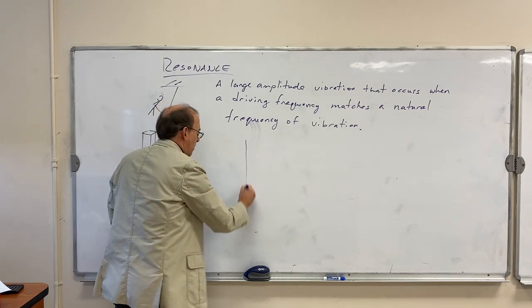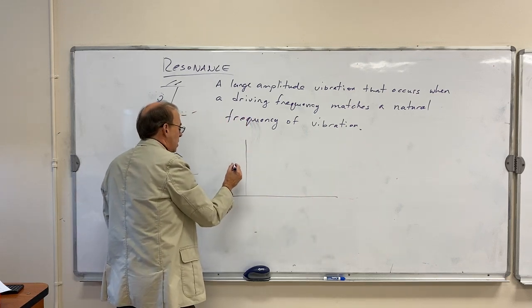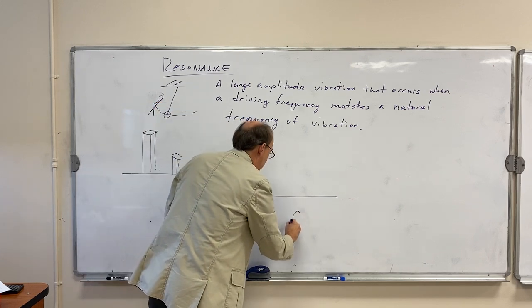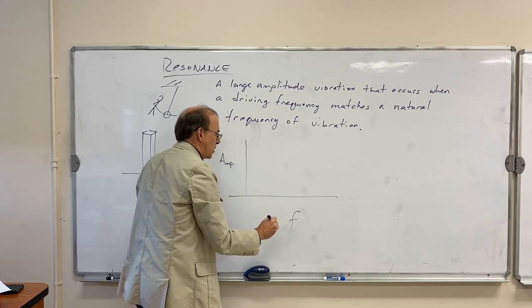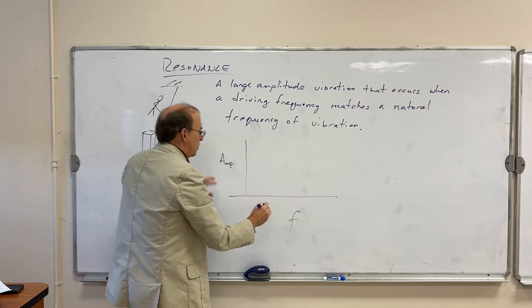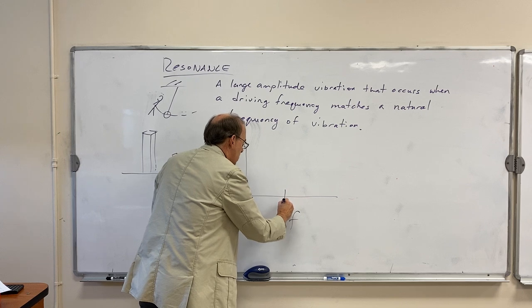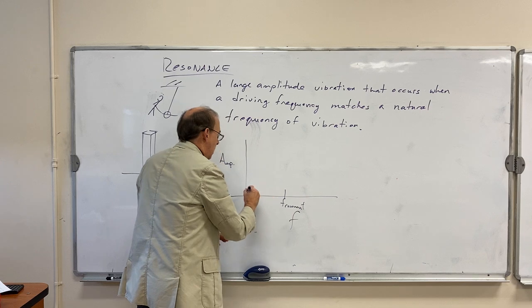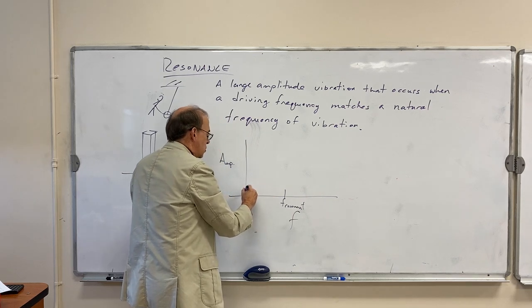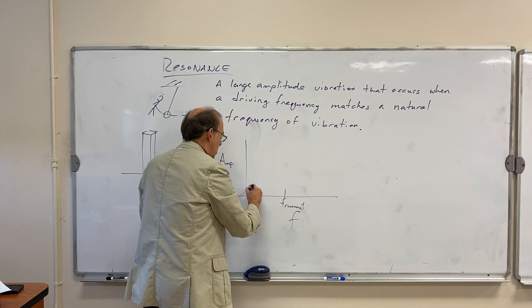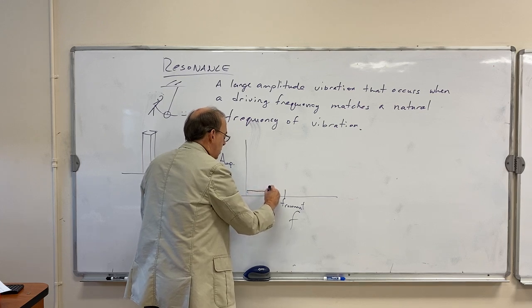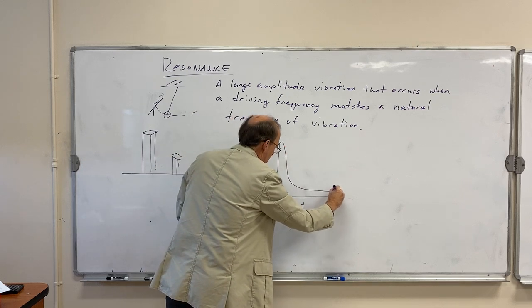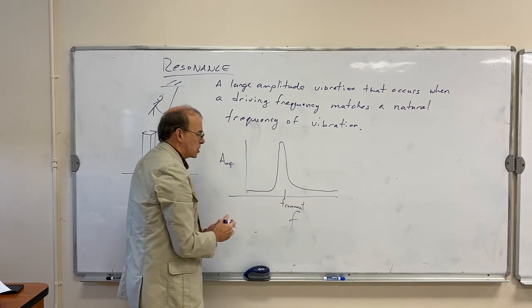So the way we might show this in a graph would be if we plot the amplitude of the vibration versus the frequency of the vibration that you're pushing with. There'll be also some resonant frequency, F resonant, and for most frequencies you push with, you'll get very little amplitude, but when you hit that resonant frequency, this will get really big, but only when you're near that resonant frequency.